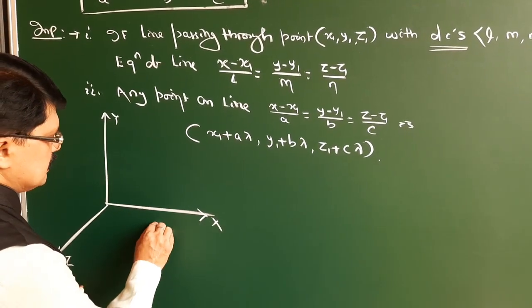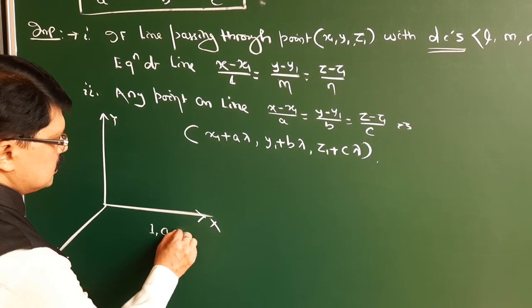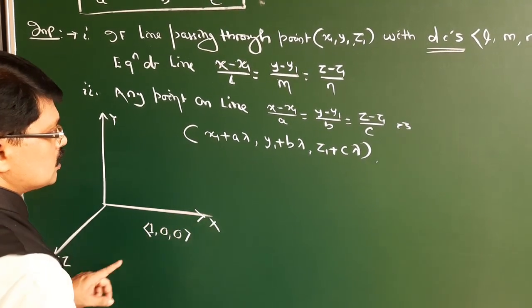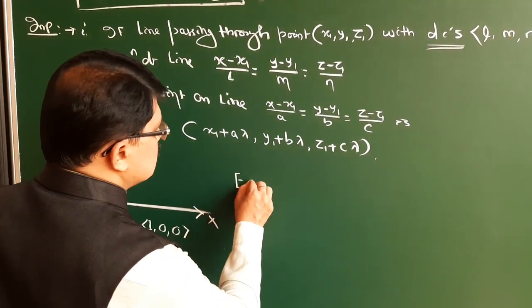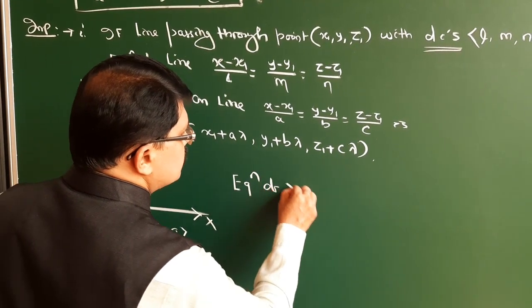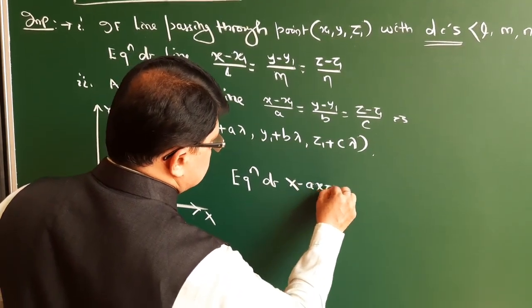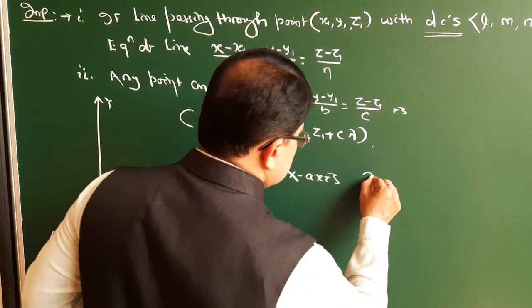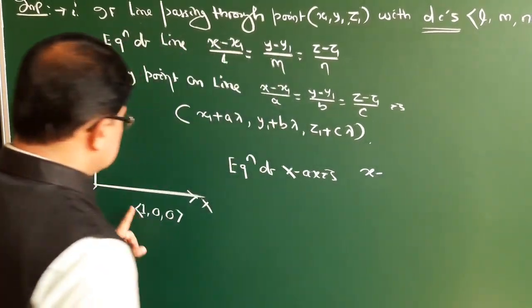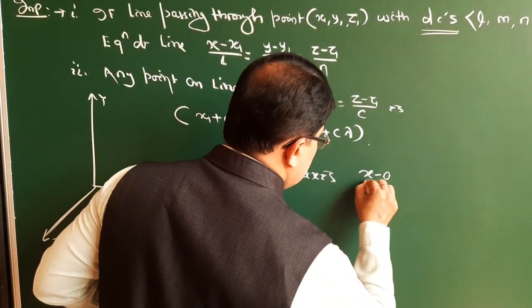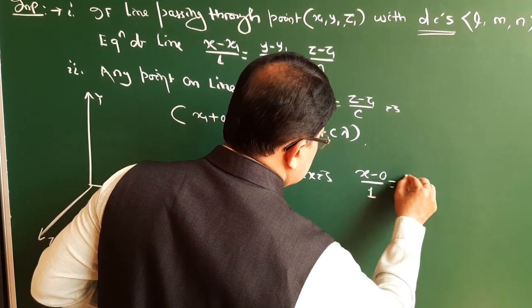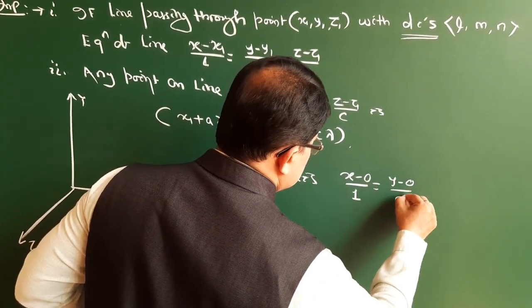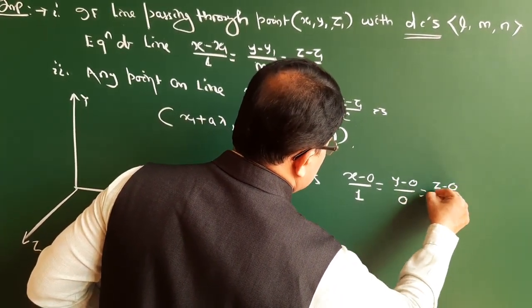No doubt it is 1, 0, 0. Understood? So what is the equation of the x-axis? It is x minus 0 divided by 1, y minus 0 divided by 0, and z minus 0 divided by 0.